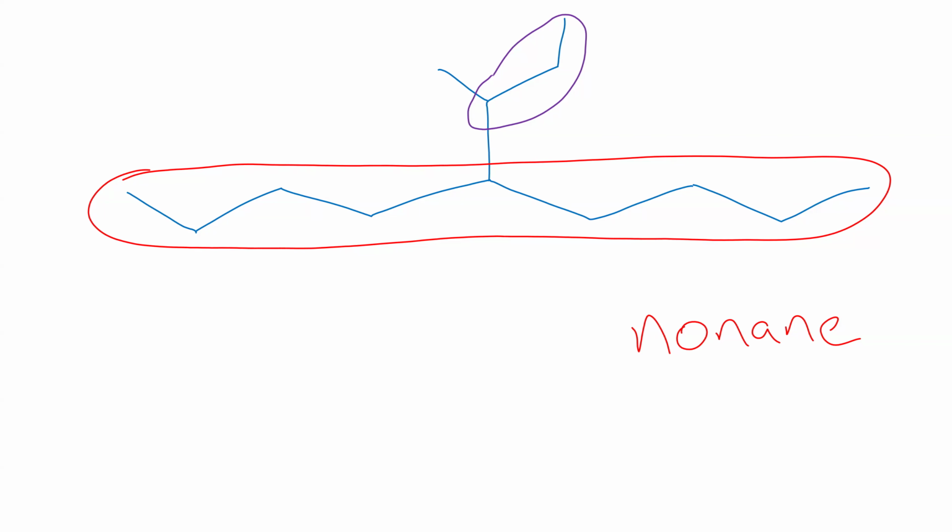So if you counted the one that was already part of the parent molecule, you'd be double counting, right? So that makes it a propyl group.